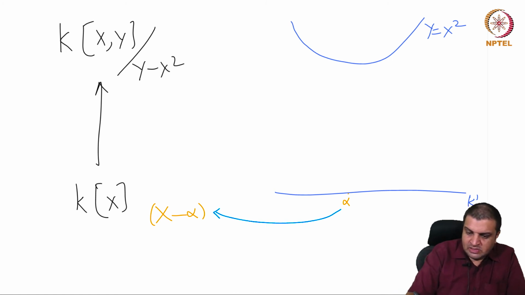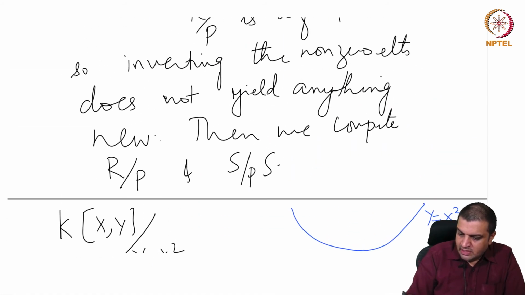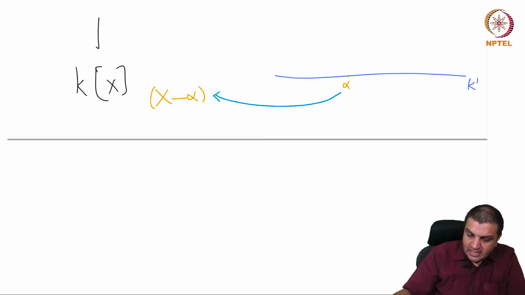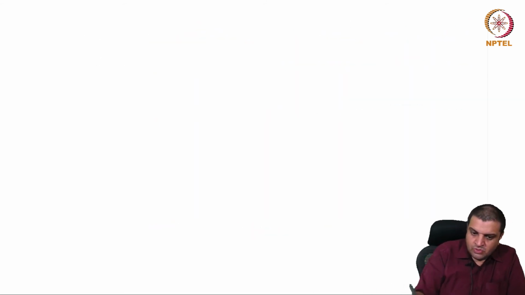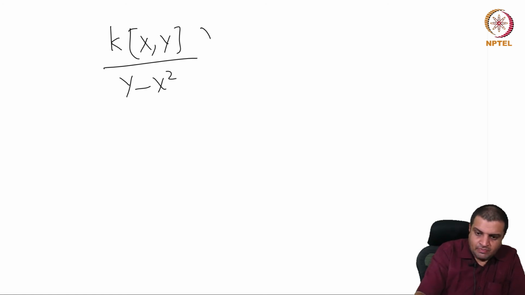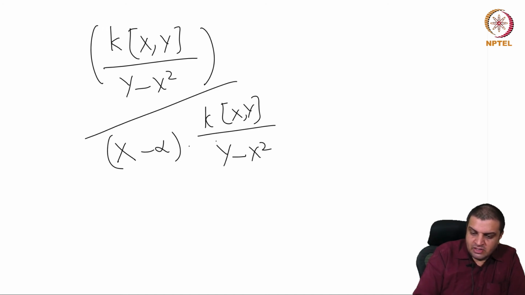Now let's take this ring and extend this ideal there. So not just extend, go modulo that, S mod PS. So this is Kxy modulo y minus x squared, modulo x minus alpha times this ring, the ideal generated by x minus alpha in this ring.